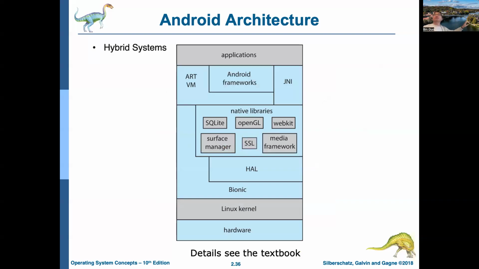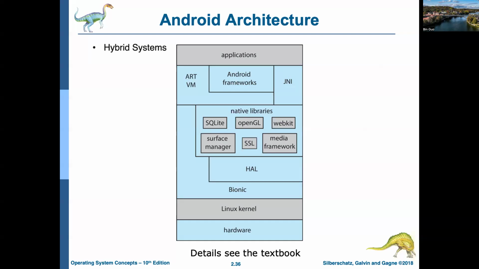This is important. Of all the cell phones, more than half are Android, right? The others are iOS. Android is still a hybrid system with different layers. This is the user space application. This is kernel space, the kernel, and the hardware. Between the user space and kernel space are lots of layers, like the Android framework, SQLite for the database, OpenGL, which is native, and some media frameworks.